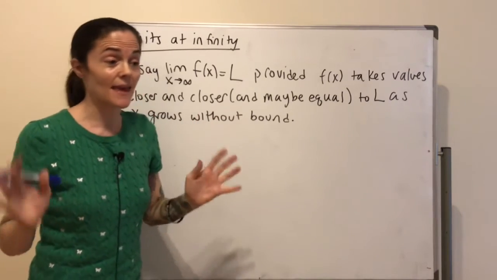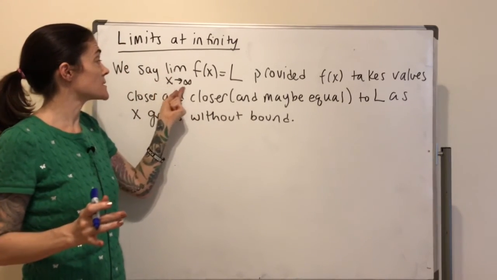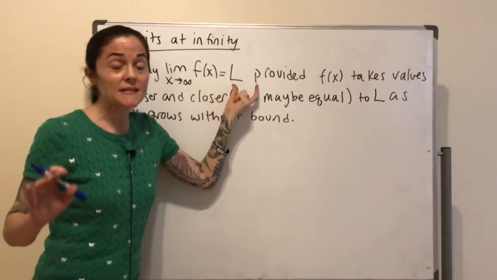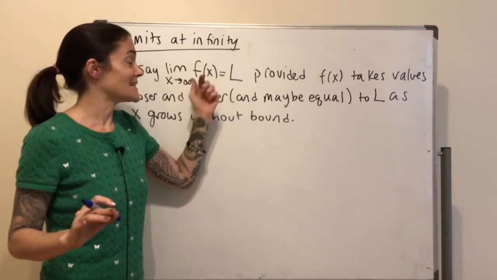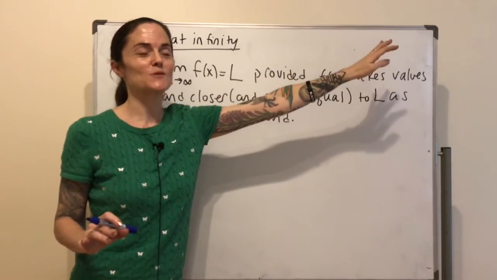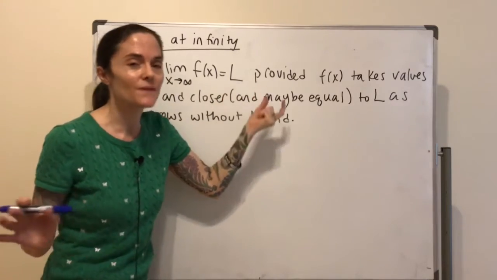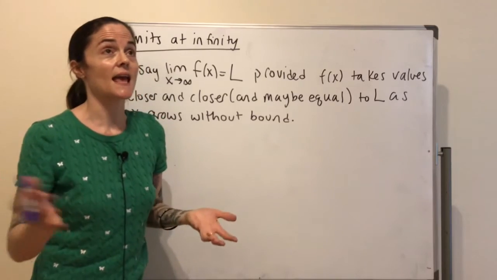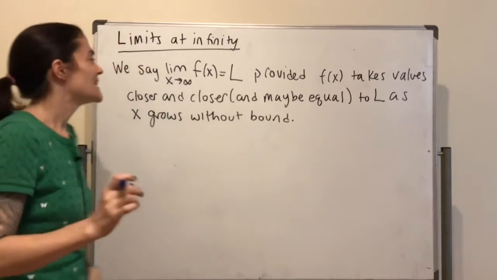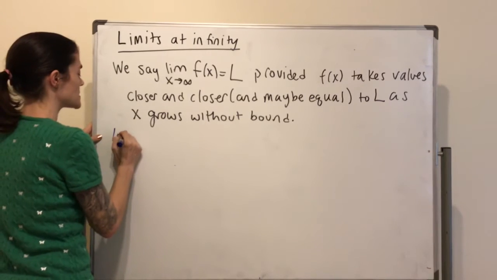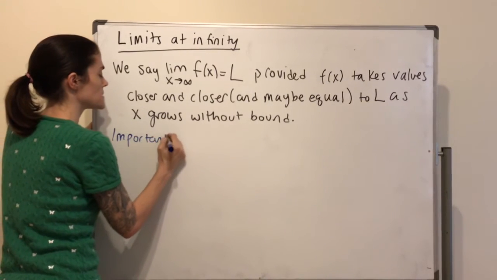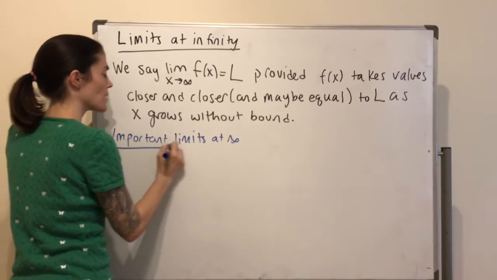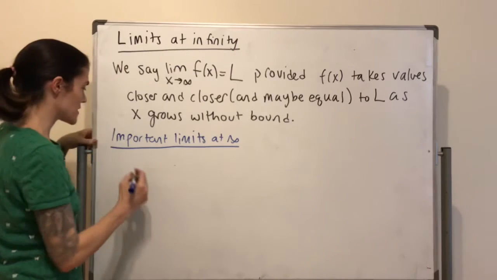And just like the case when you take a limit as x goes to b, and b is finite, if you happen to get a function that is going to infinity as x grows without bound, you could say the limit is infinity, but really this is a way of saying the limit does not exist as a finite number. Okay, now let's discuss some important limits at infinity, which will help us work with, generally, with functions.